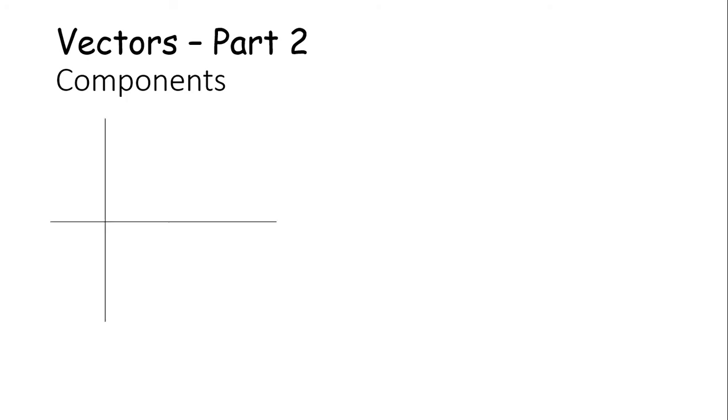So let's get started. First of all, let's define what a vector in standard form is. A vector in standard form is always represented in the xy Cartesian plane by placing it with its tail at the origin. So let's say that we're dealing with a vector in the first quadrant, like so.